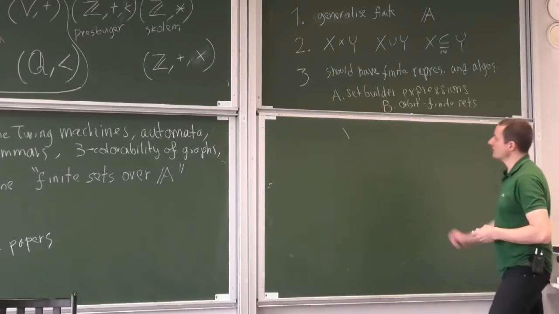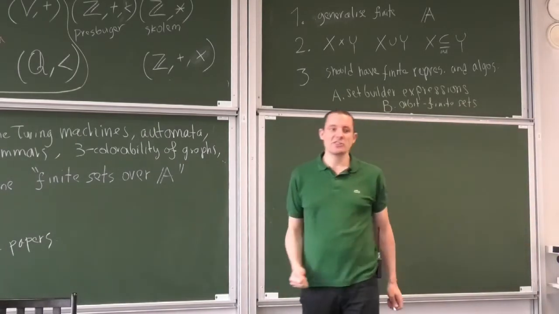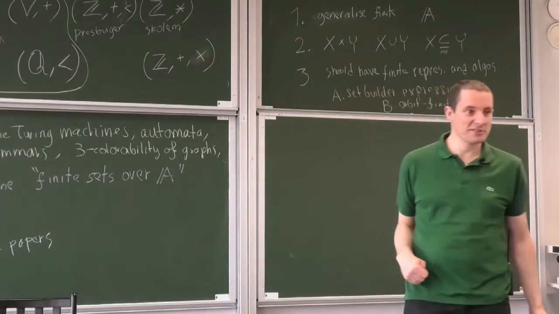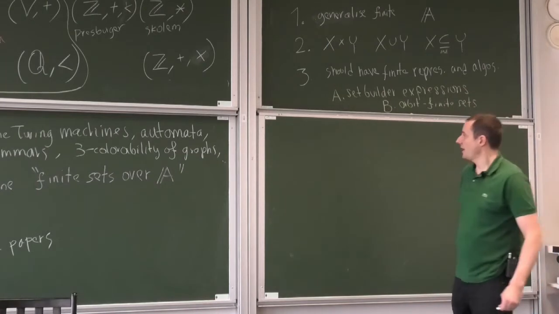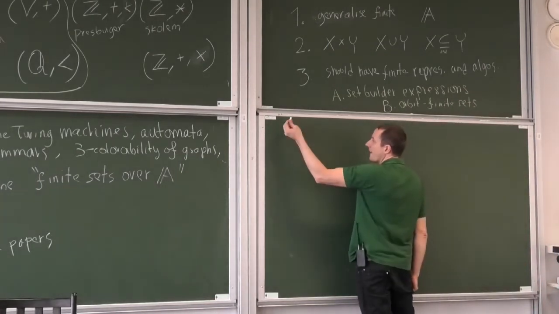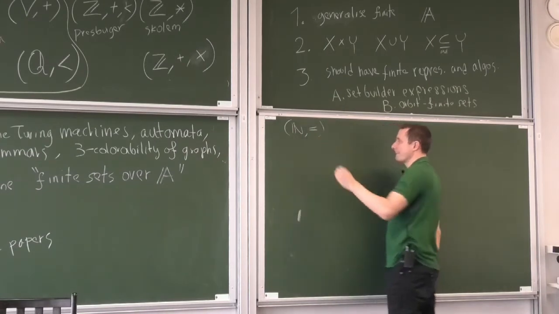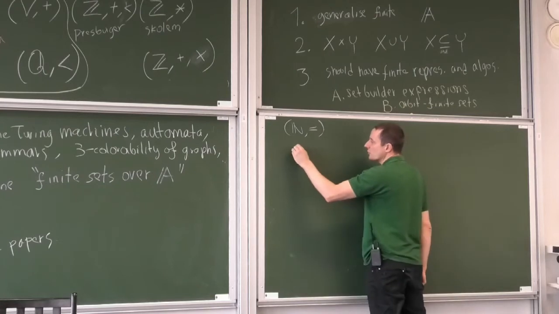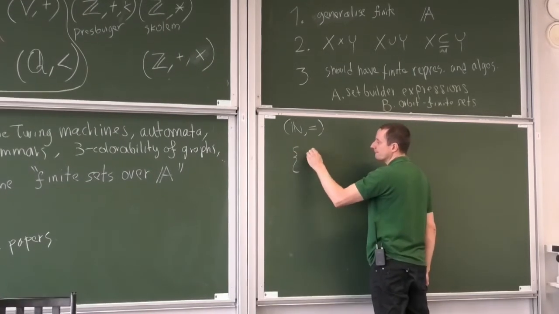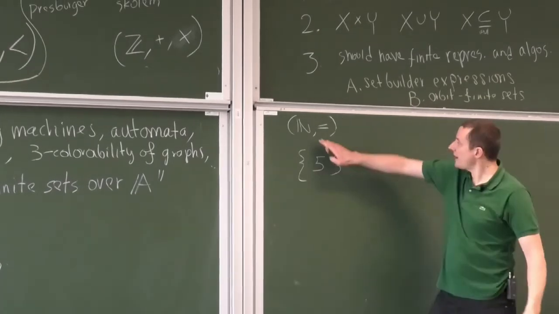So what is a set builder expression? It's like you don't know that you speak in prose. You've written it many times, but you don't know that it's called that. It's something like this. Let's assume that the data structure is this. And then a typical one is going to be 5, 5 as an element of this.